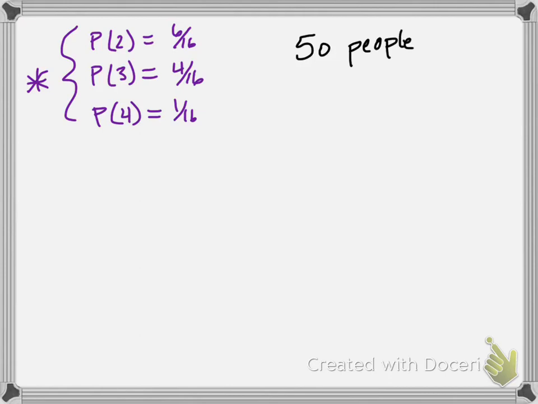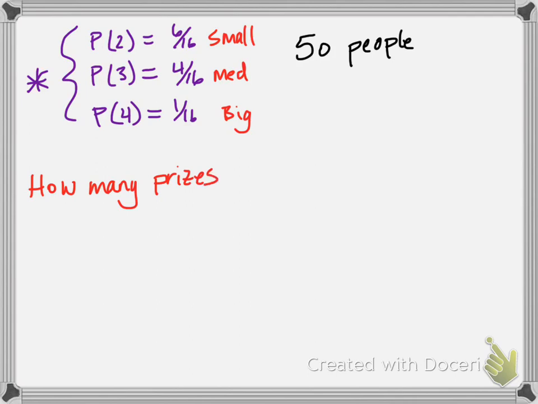And we already know from the rules that we set up, this is a big prize, this is a medium prize, and this is a small prize. So I want to know how many big prizes I need. So how many? So, okay, big, medium, small, and I'm going to send somebody to go buy those, right?